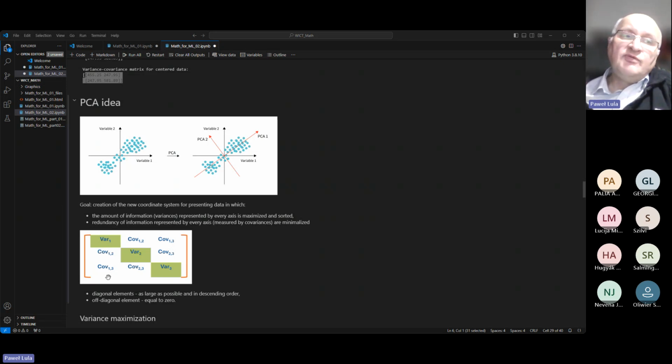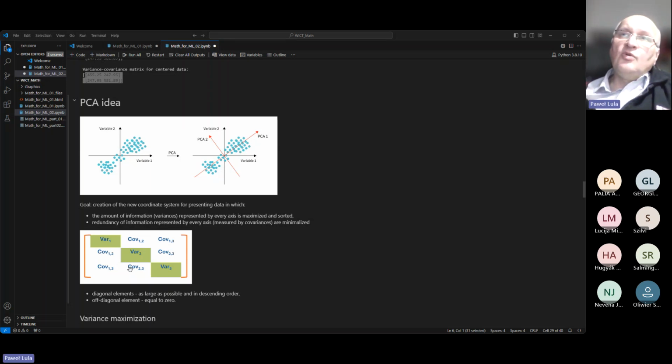For example, to calculate the correlation coefficient between the first and the second variable, we take the covariance value between them and divide it by the product of two standard deviations: the standard deviation for the first variable and the standard deviation for the second variable. So dividing the covariance value by the product of standard deviations, we get the correlation.